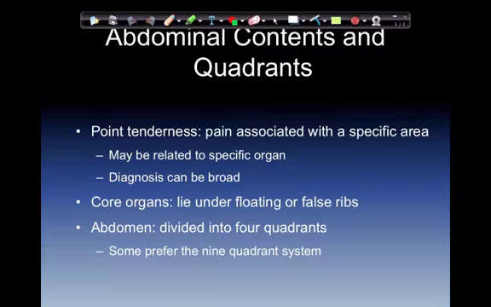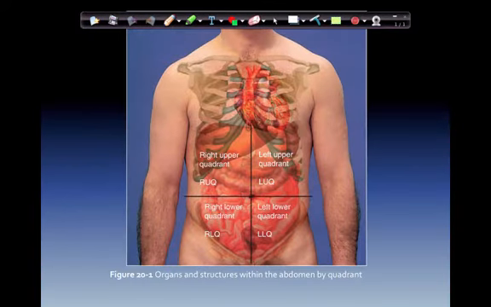We're fixing to look at 2 figures. Figure 21, which is organs and structures within the abdominal quadrant, and then after it we'll look at 22, the 9-quadrant abdominal system. So this is the abdomen divided into 4 quadrants. And that tends to leave a lot of organs in this one area.